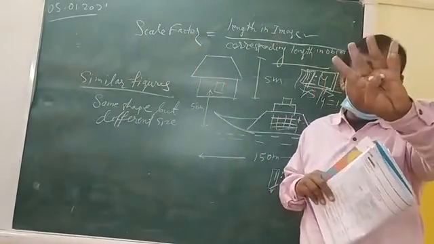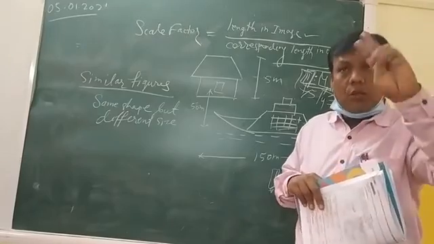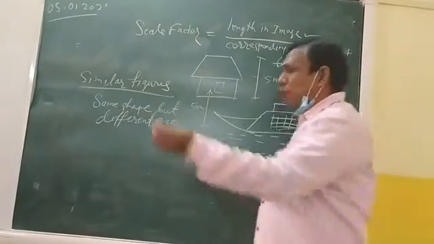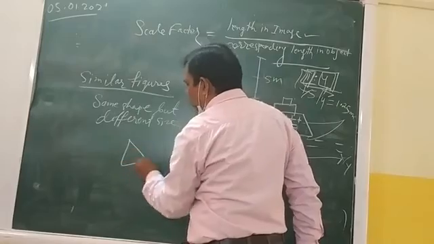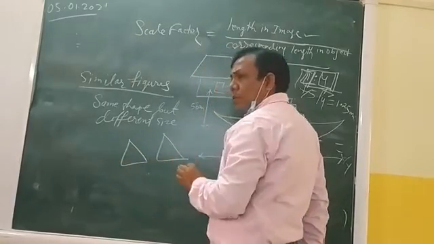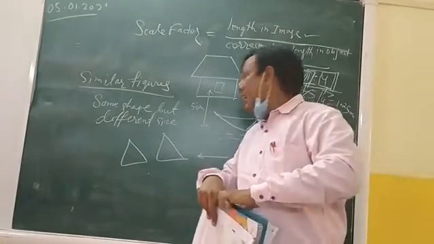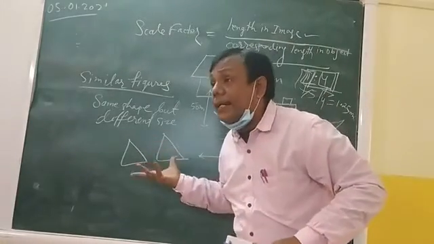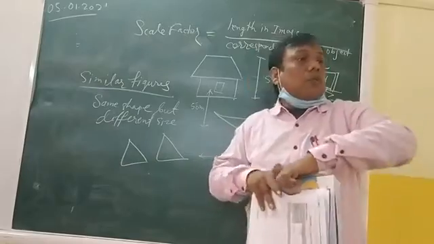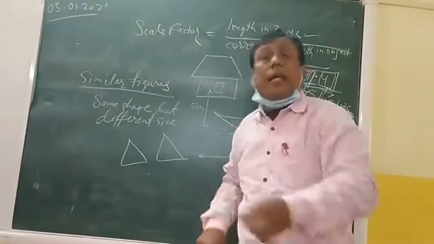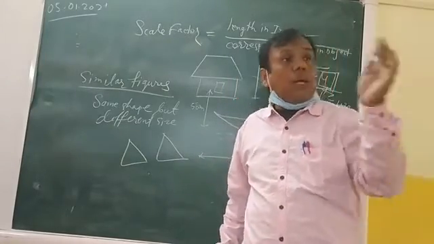Four options are given. Try to understand the question. If two figures are given, suppose two triangles, whether both are similar or not, how can this be affected? You have to choose which is correct.